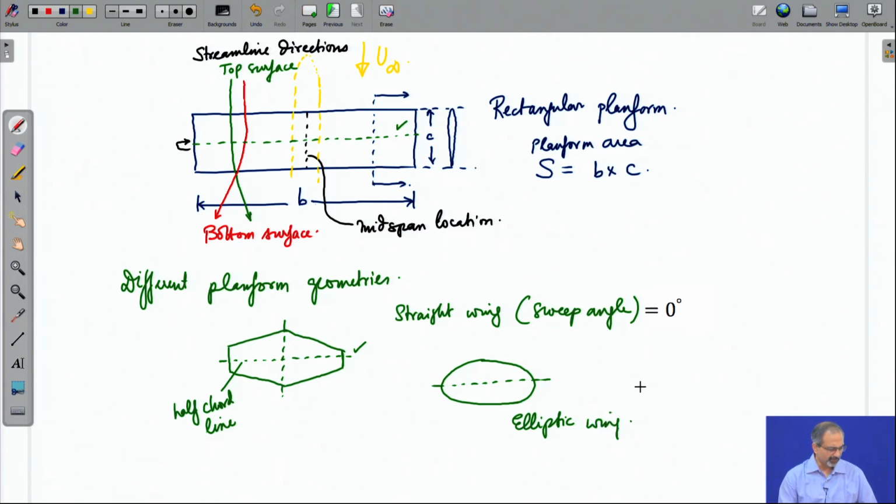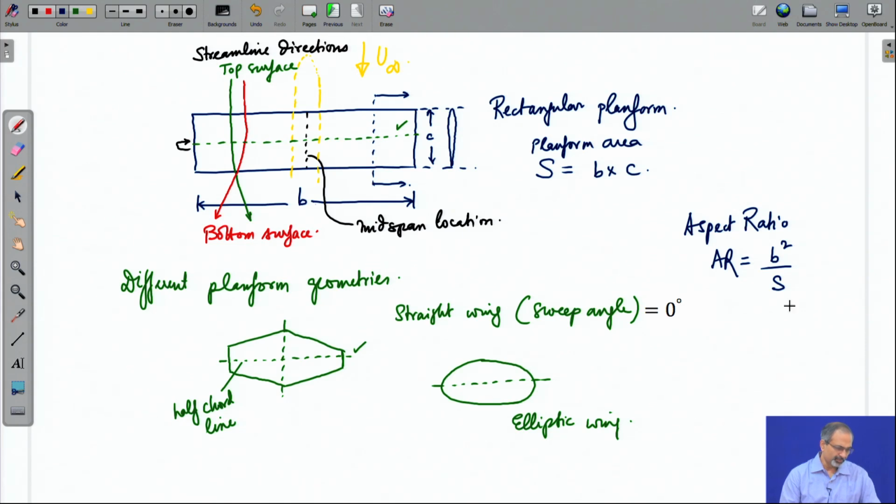So, these are different planforms. There is a very important term associated with finite wings, which is called as aspect ratio, which is represented as B square by S, B being the span, S being the area.